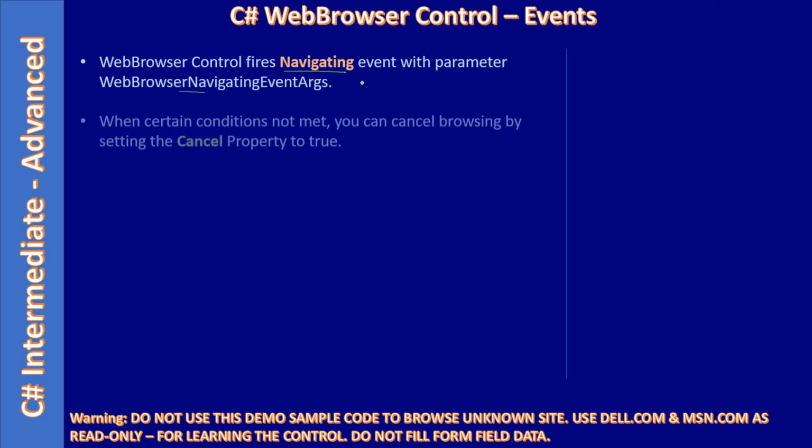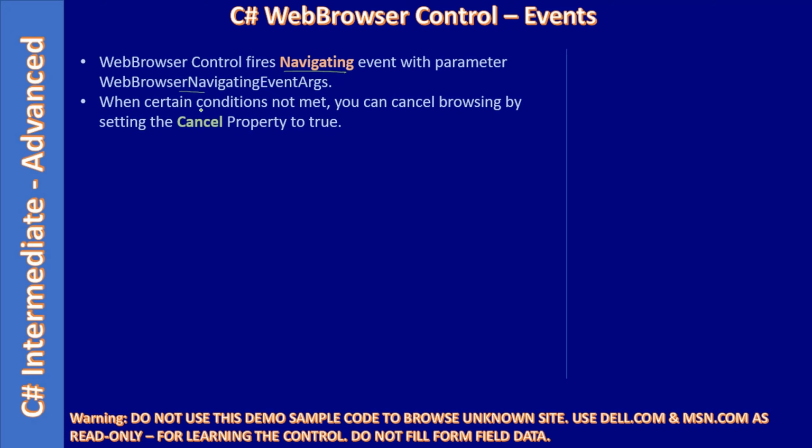When a certain condition is not met, that means inside the navigating event handler, you can cancel browsing by setting the Cancel property to true. So you can make use of WebBrowserNavigatingEventArgs.Cancel equal to true.